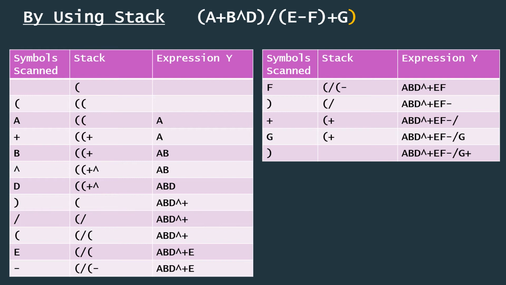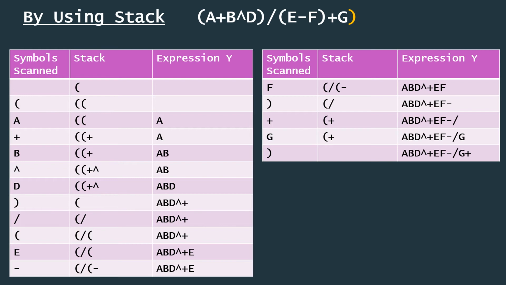Now the plus operator is scanned, that will be placed in the stack. Here you can see plus cannot be placed after the division operation because the plus operator has lower priority, so it cannot stay over here. So the division operator will be popped from the stack and appended to the expression y. Now the stack has a left parenthesis and a plus operator.